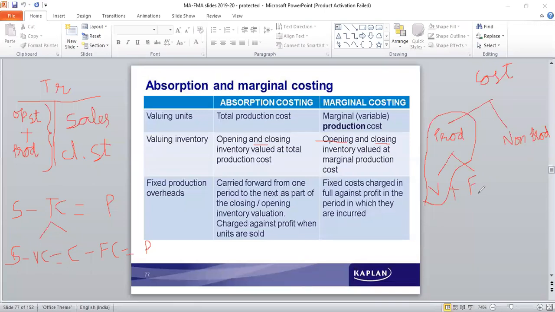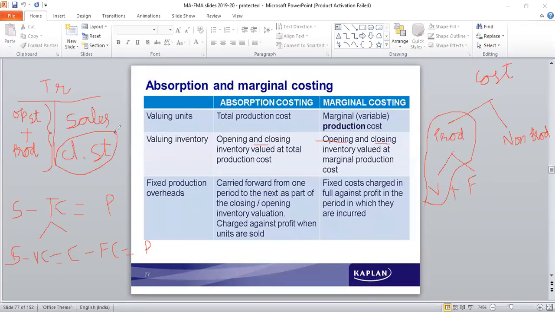I hope I made it clear, but once again, let's see the major point of difference. Of course, there are other things we have to look into. But the major point of difference between absorption costing and marginal costing is at what cost we account the closing inventory.